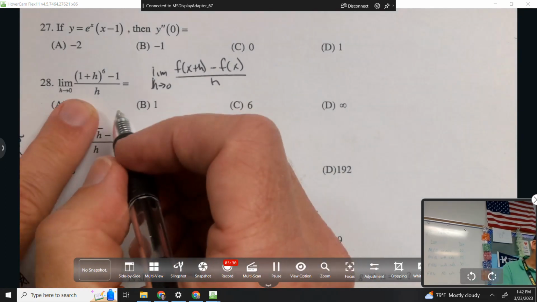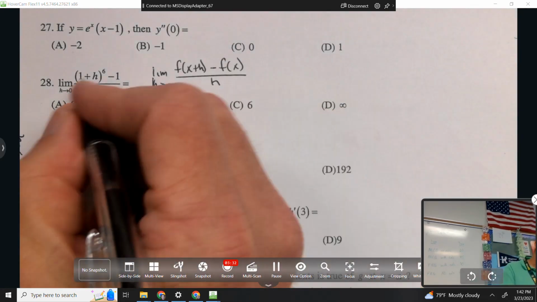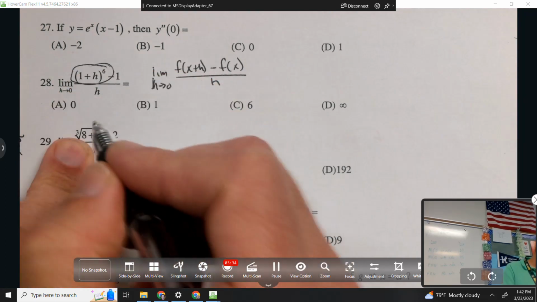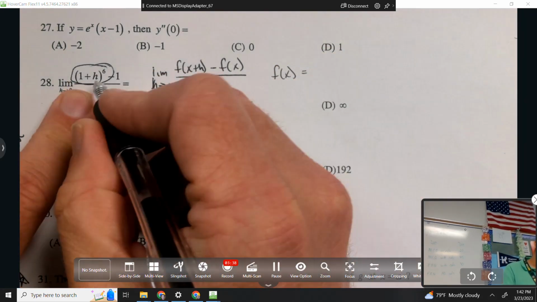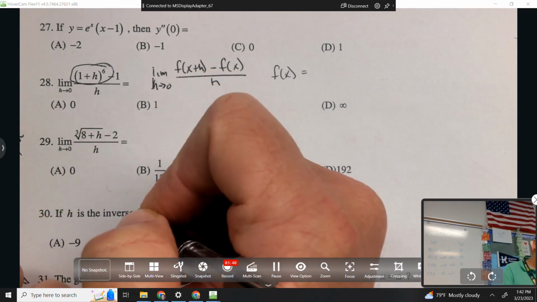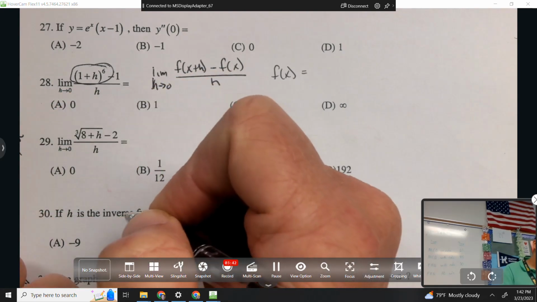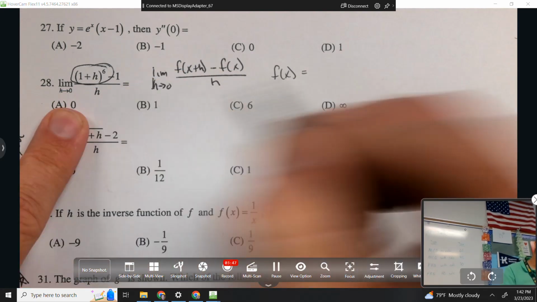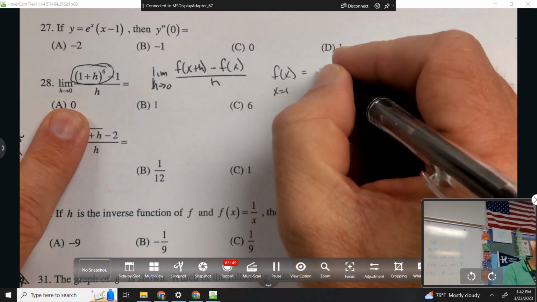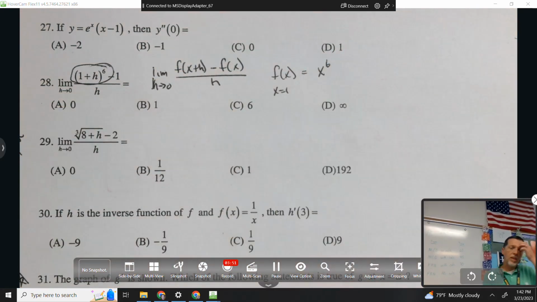So it looks like f of x is x to the 6th. But we're evaluating it at 1. X equals 1 of x to the 6th.